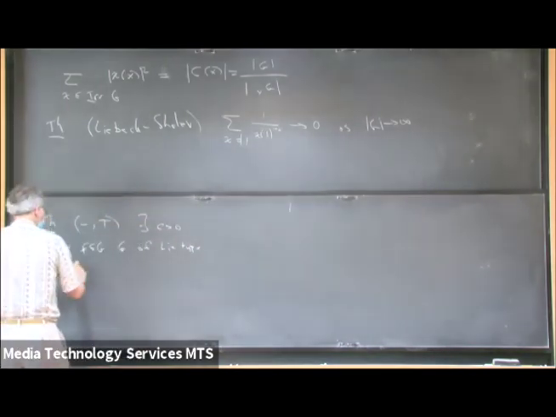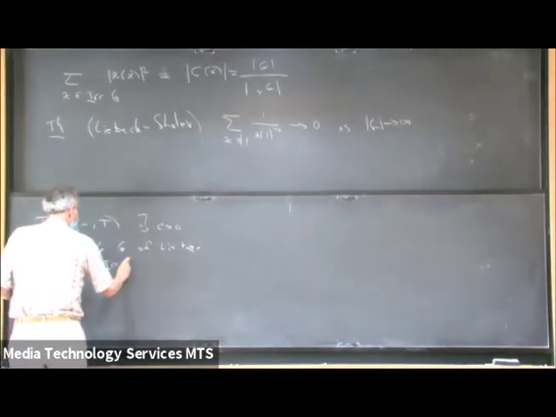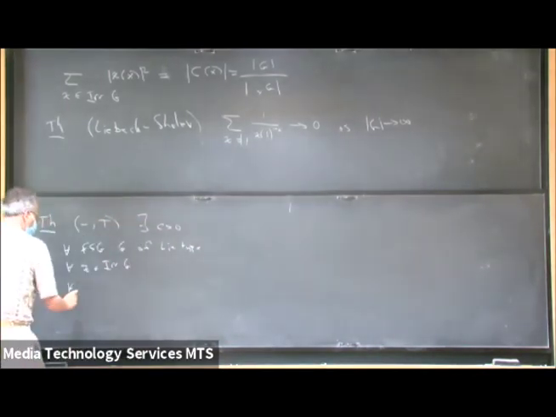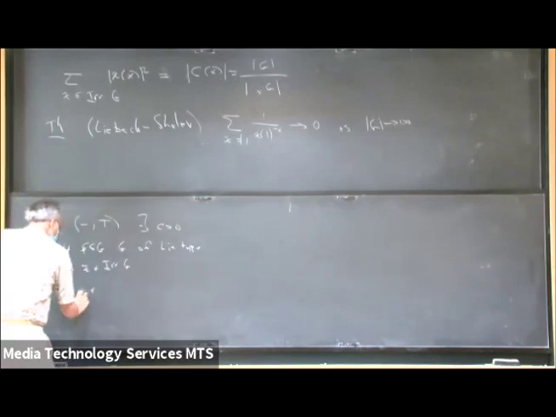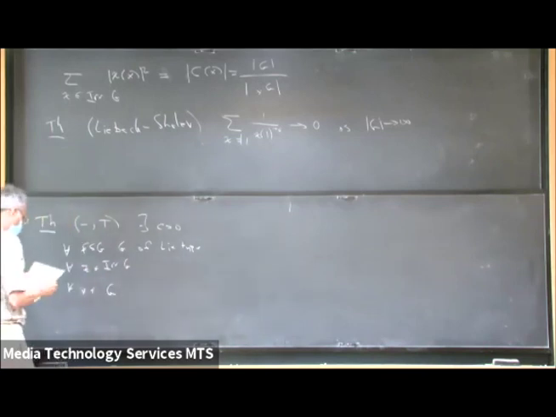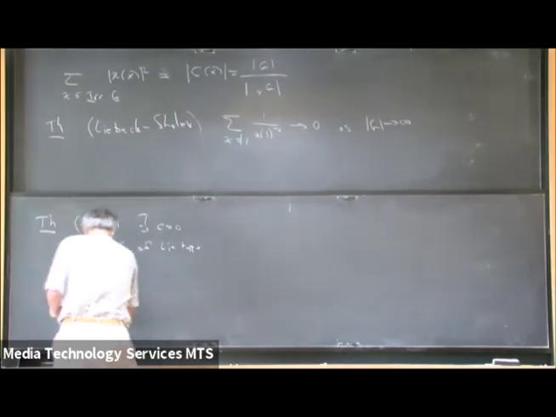for all irreducible characters chi, and for all X in G, the following bound is true.